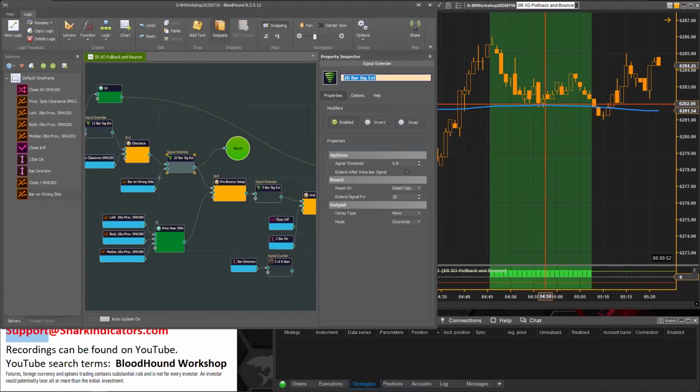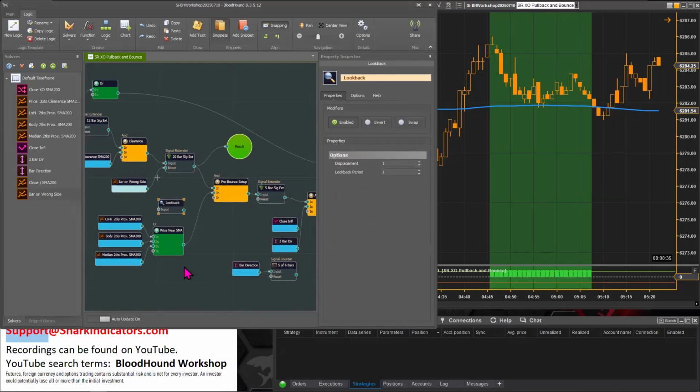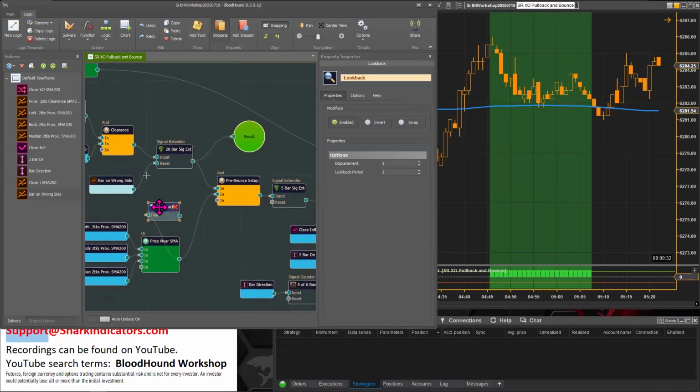So once price gets within range here, we should turn off the signal extender. So let's do this. I'm going to use a look back node, connect it in here, and what I'm going to use here is the displacement. I'm going to set this to a 2 bar displacement, just in case.